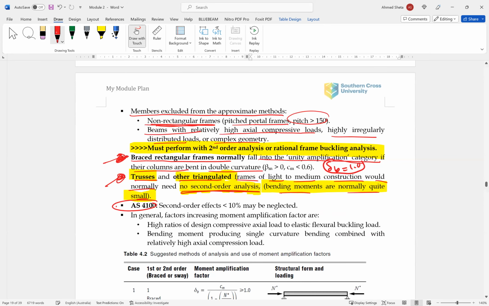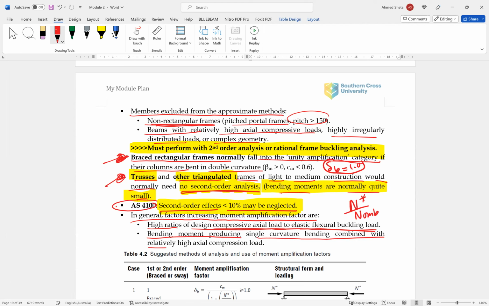Second, for Australian standard AS 4100, second order effects less than 10% may be neglected. So if the second order effects are less than 10%, they can be neglected. In general, factors increasing moment amplification factors are high ratios of design compressive axial forces to elastic flexural buckling load, so N star to N OMB. Bending moments producing single curvature, bending combined with relatively high axial load.